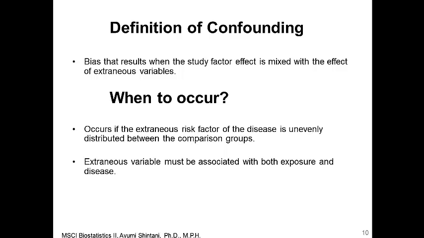Okay. So let's look at the definition of confounding. Confounding is a bias that results when a study factor's effect is mixed with the effect of an extraneous variable. What does this mean?